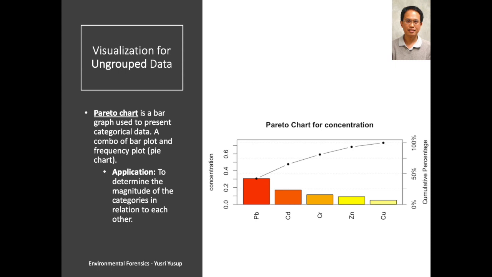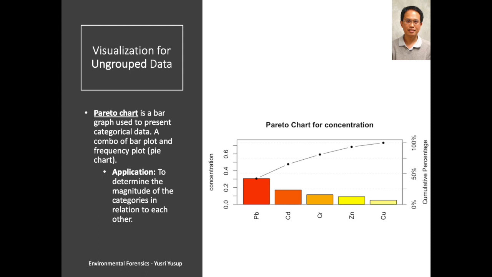For example, you see that the line is increasing progressively as they go from lead to copper. And if you notice the line between zinc and copper, the progression is less because the concentration difference between zinc and copper is lower. So for this particular example, the increase is gradual, so it's less interesting.